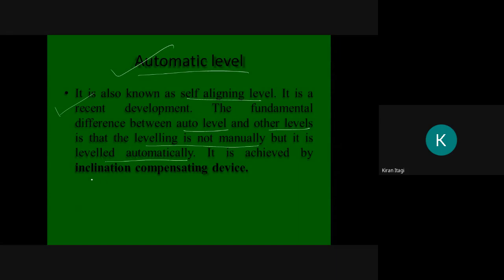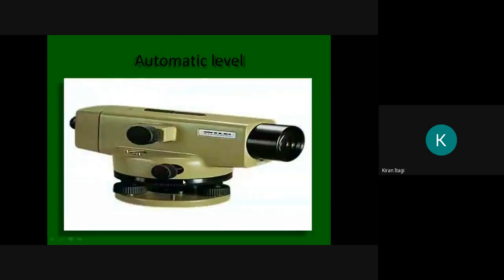It is achieved by an inclination compensation device. This is the auto level. Here we have some adjusting screws. This is the focusing screw, and this is to move the telescope in horizontal directions.